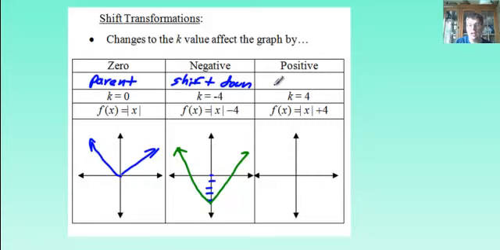If I were to have a +4 as my k value, remember k is at the end, that's going to be a shift up. So I count that out: 1, 2, 3, 4. The vertex is going to be up in the air, like that.